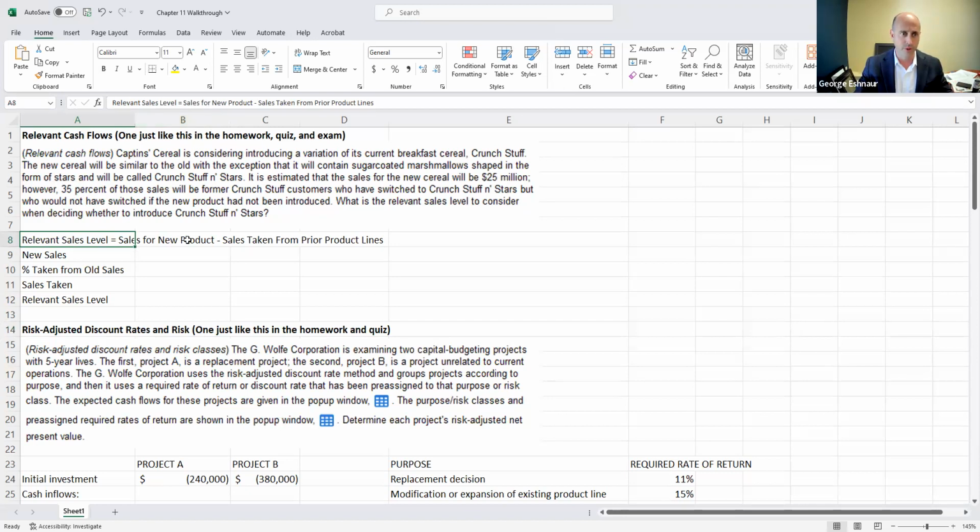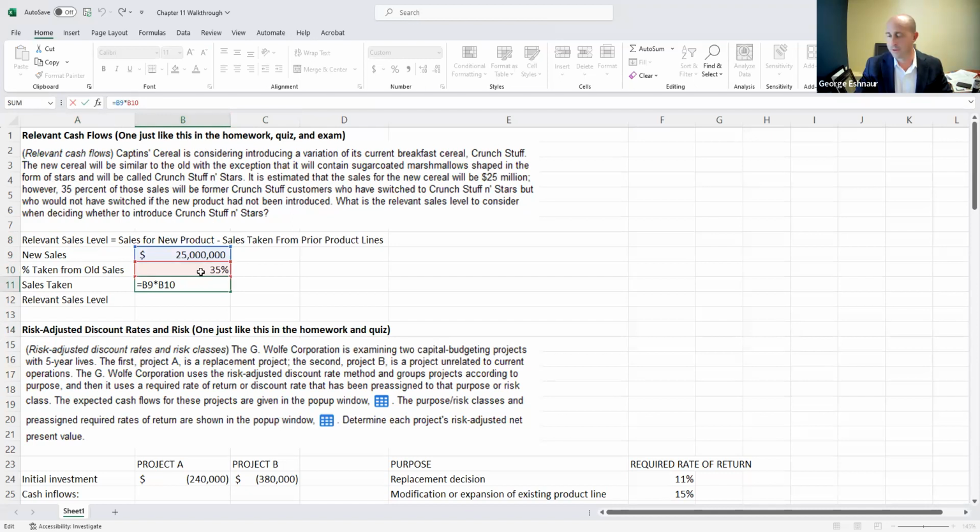So I put in the relevant sales level formula. It's sales for a new product minus sales taken from the other product line. So we say, all right, our new sales appear to be isolated at 25 million. The percent that we're possibly going to lose is 35. And sales taken is simply this times this. Then we just subtract this number from our 25 million. That's pretty simple, in my opinion.